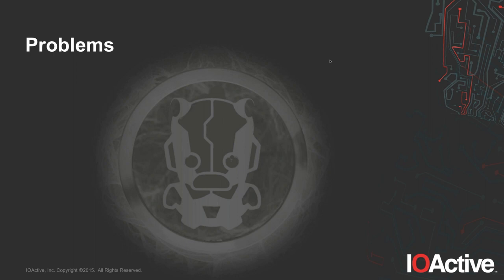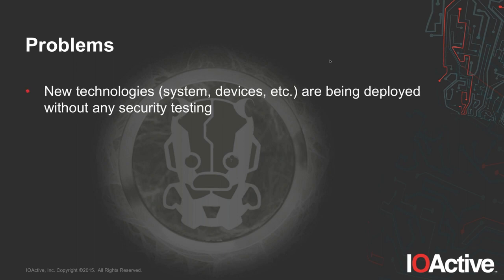But as you know, with every new technology, you have a lot of challenges and a lot of problems. So I have identified many problems that I'm going to describe now, and they are affecting, like I said earlier in the presentation, not a specific technology, but they are a core problem in different technologies. One of the main problems is that new technologies, be they software, devices, embedded software, etc., are being deployed in cities around the world without any security testing at all.